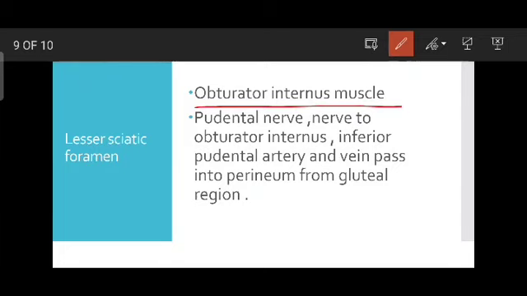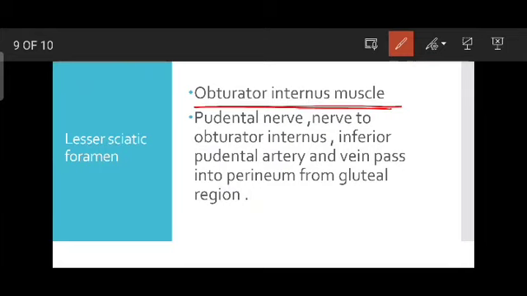That is, obturator internus muscle passes through the lesser sciatic foramen from the perineum region and enters into the gluteal region.